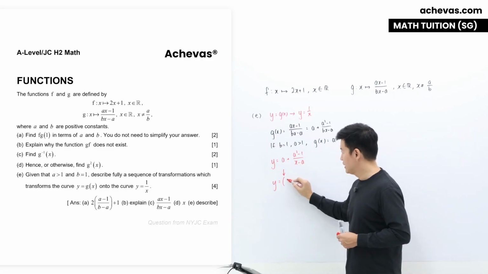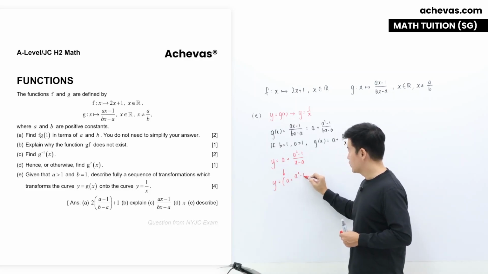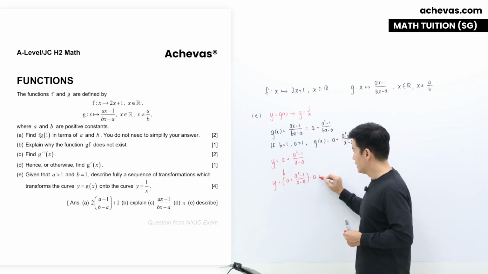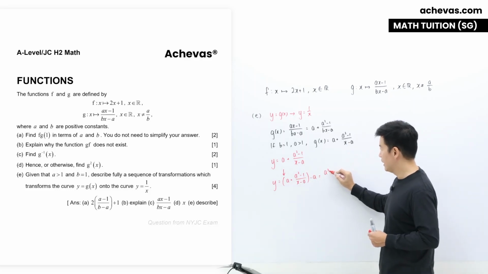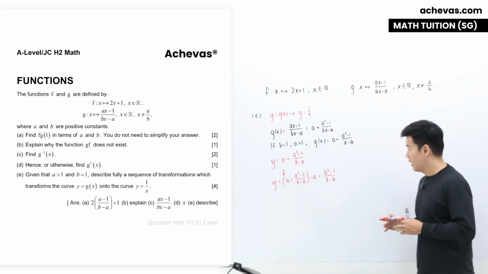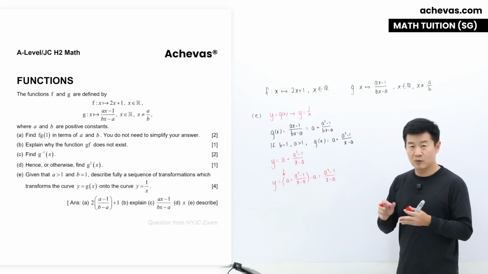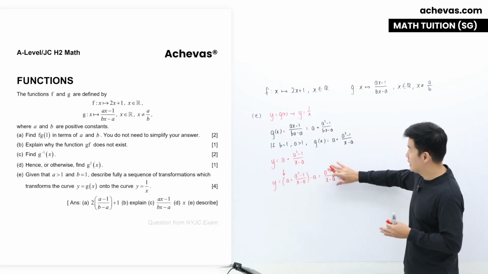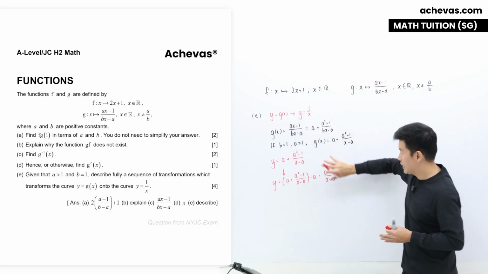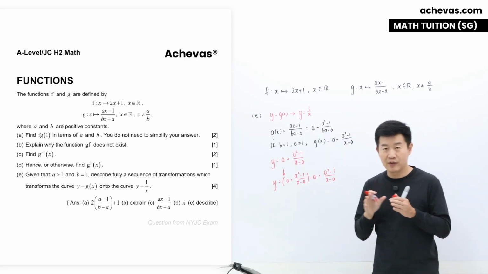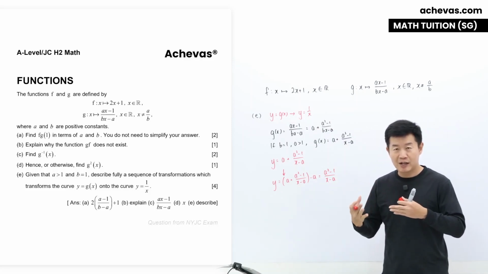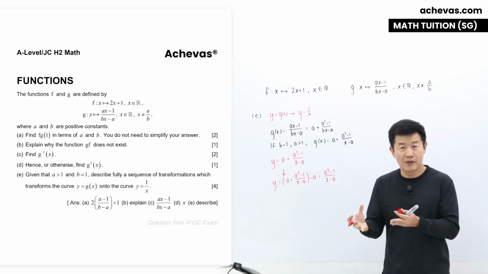So if I were to take this, a + (a² - 1)/(x - a), this will leave me with (a² - 1)/(x - a). And we are going to multiply this entire thing by 1/(a² - 1) to get this closer to this. At the same time, multiplying by 1/(a² - 1) will allow us to do the kind of scaling that is within our syllabus.